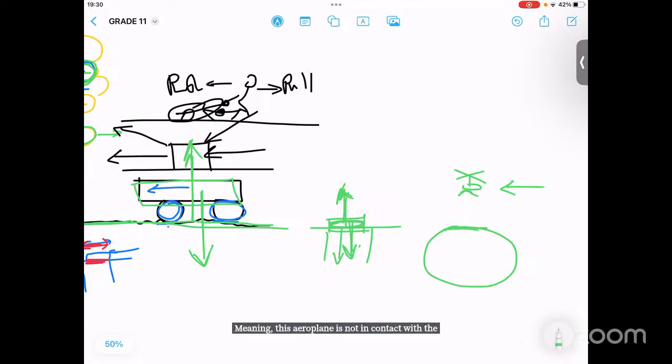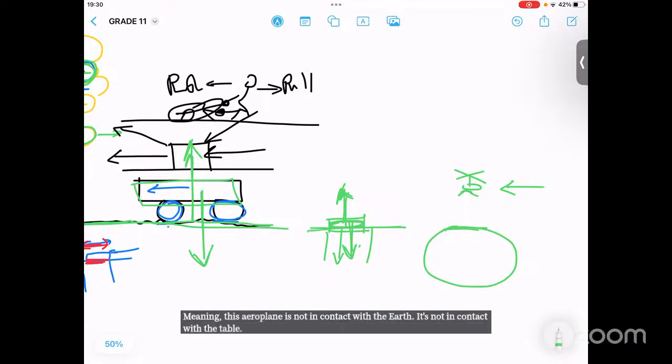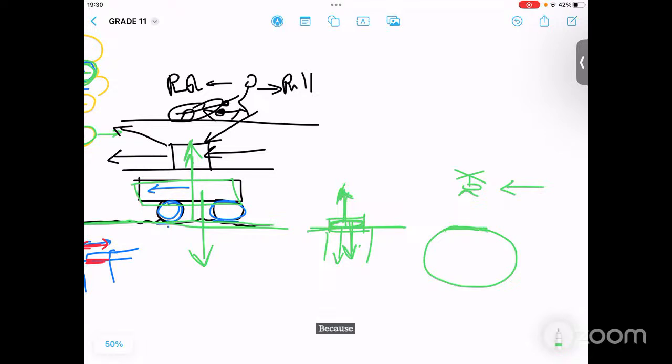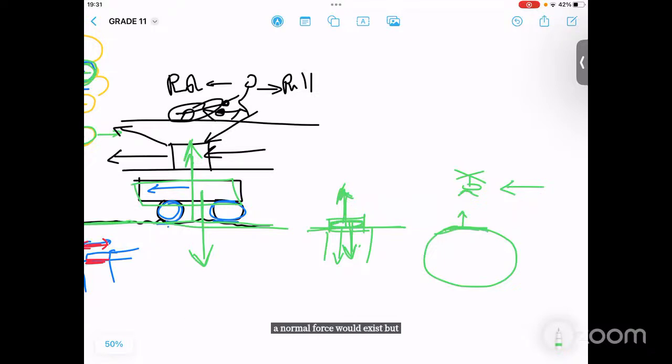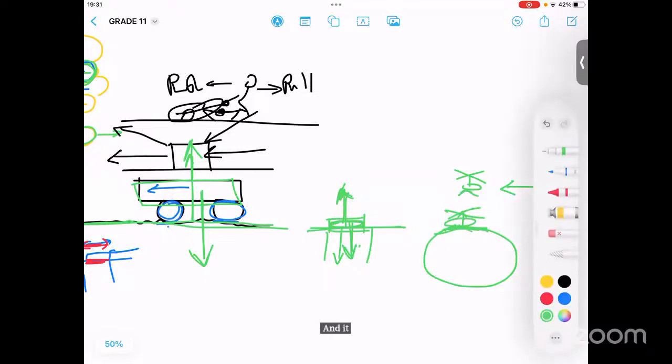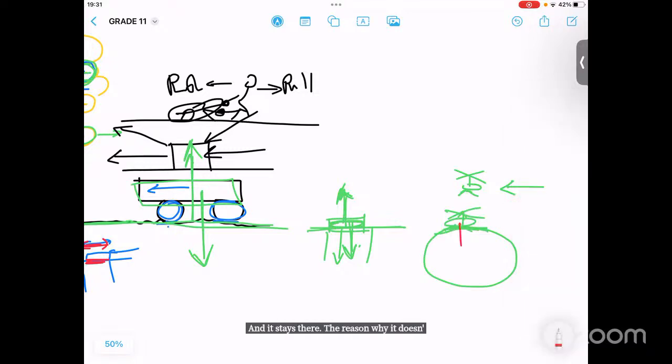Therefore, there is no normal force, because the Earth is not exerting a force on that object, since they are not in contact. This is an example so that you understand under which instances a normal force would exist. But the moment this aeroplane lands on Earth and stays there, the reason it doesn't continue to fall inside the Earth is because it is being balanced by the normal force.